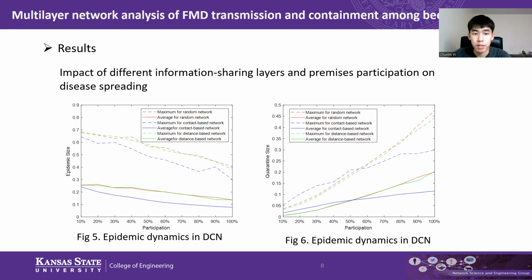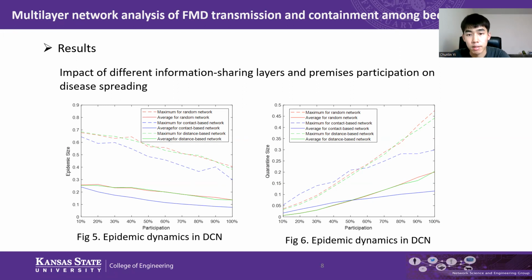Figure 5 and Figure 6 show the maximum and average of the epidemic size and quarantine size versus participation levels when different information sharing layers are applied. In general, the epidemic size decreases and the quarantine size increases when more farms participate in the information sharing networks.